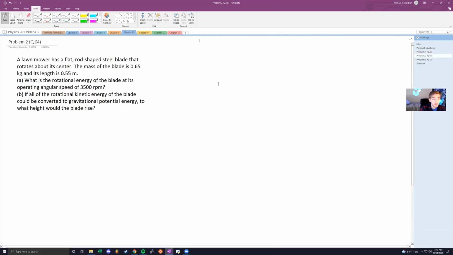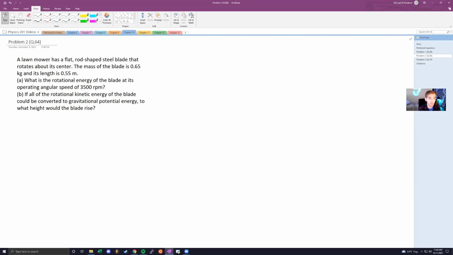Okay, so problem 2. So if we consider a lawnmower that has a flat rod-shaped steel blade that rotates about its center, the mass of the blade is 0.65 kilograms and its length is 0.55 meters.